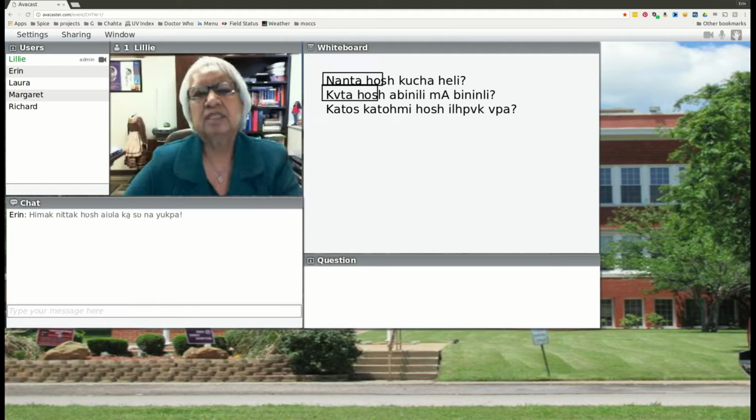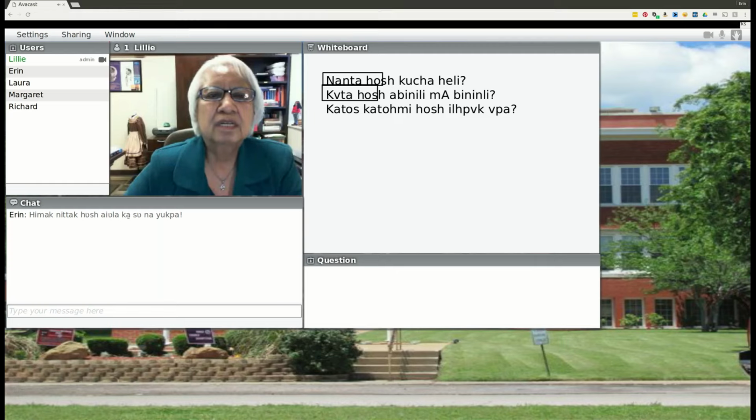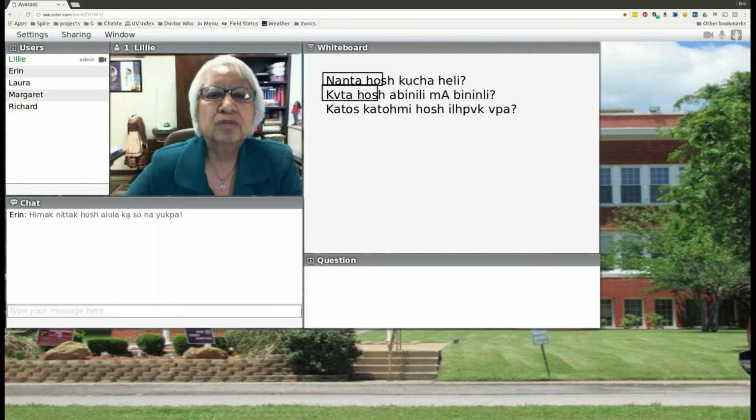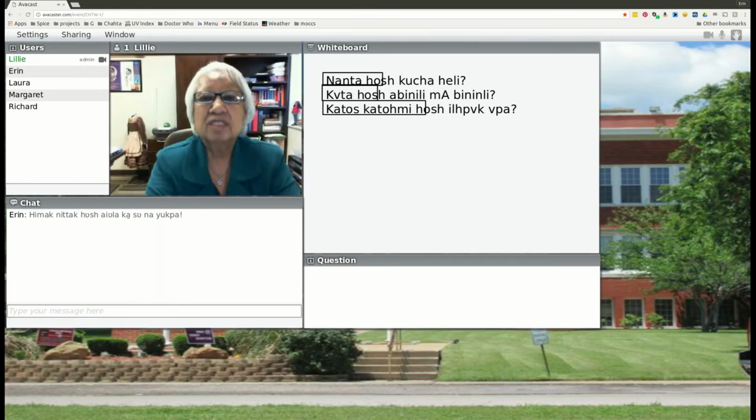Who is the subject in this sentence? Katos katohme hosh. Katos is the noun that is the subject of the sentence. Katohme is going to modify katos. Hosh is going to mark that noun phrase as the subject of the sentence. Katos katohme hosh ilpak apa.